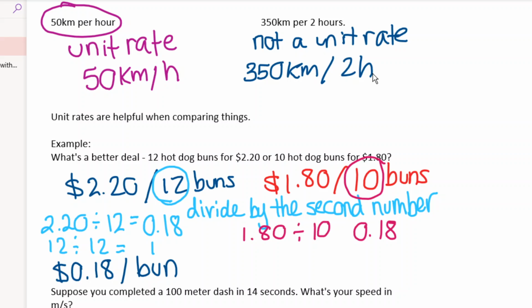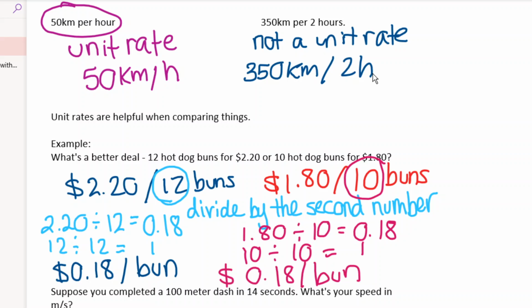How interesting, if you know what's going on. Okay, and then 10 divided by 10 is equal to 1. And oh my goodness, they've turned out to be the same. So there isn't a better deal. In this case, it would just depend on if you wanted 12 hot dog buns or if you wanted 10.